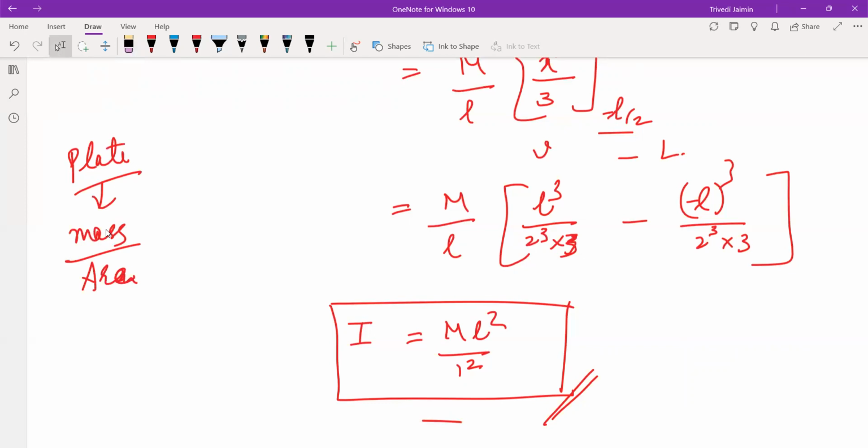For a cylinder, mass per unit volume. We have the remaining steps the same, just a small change in the unitary method. Cylinder comes under the volume part, and plate comes under the area part, because it's 2D.